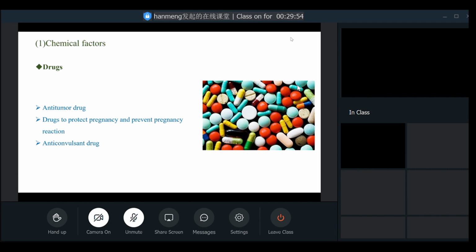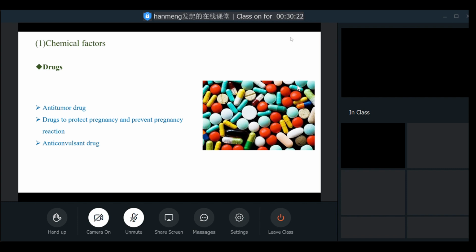As you can see, the anti-tumor drugs or anti-convulsant drugs, we need these drugs to protect us from disease, from tumors or other diseases. But these drugs can also cause chromosome aberration.